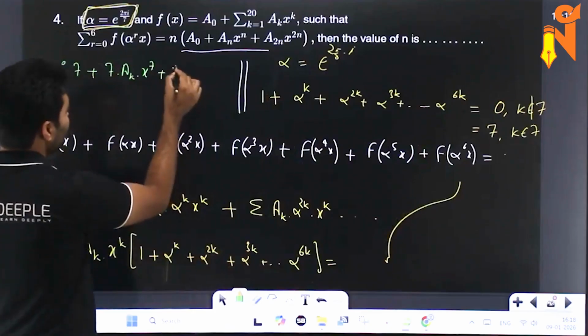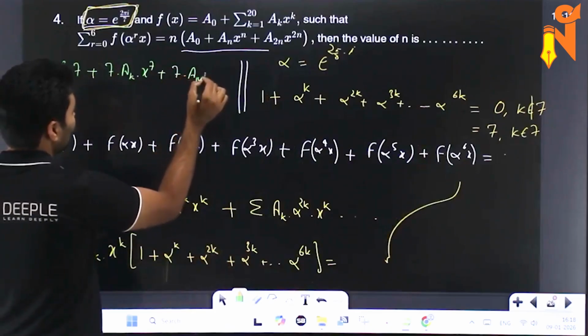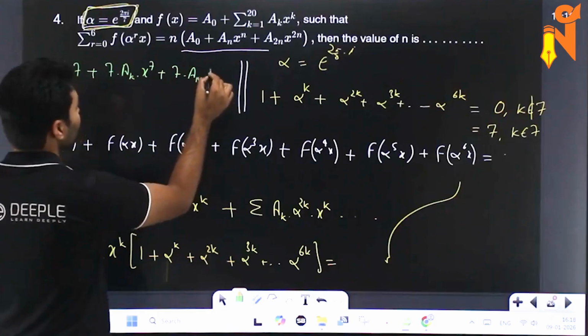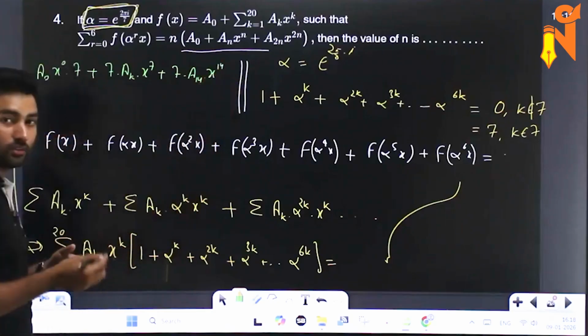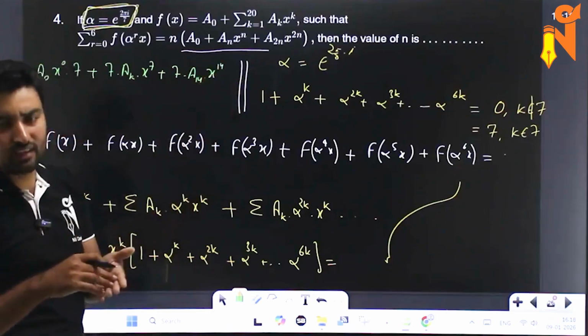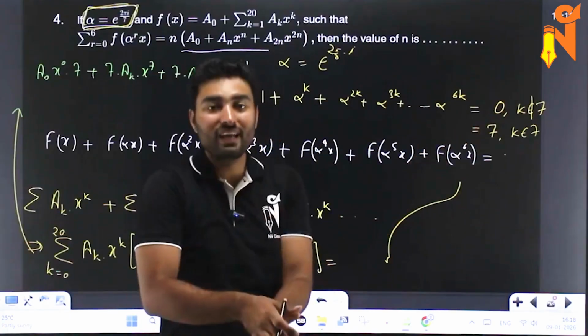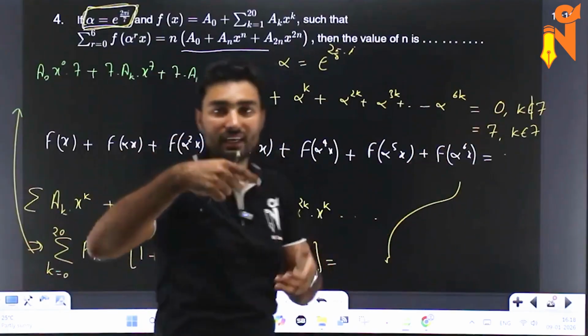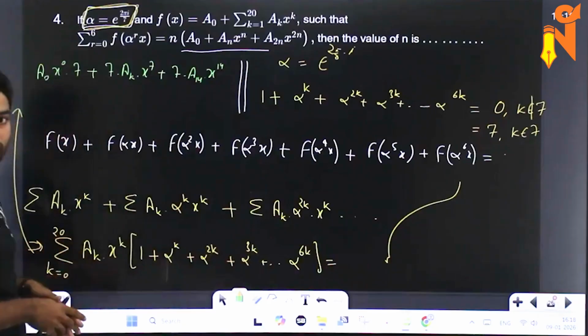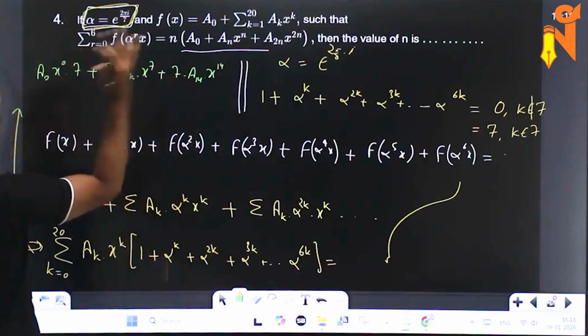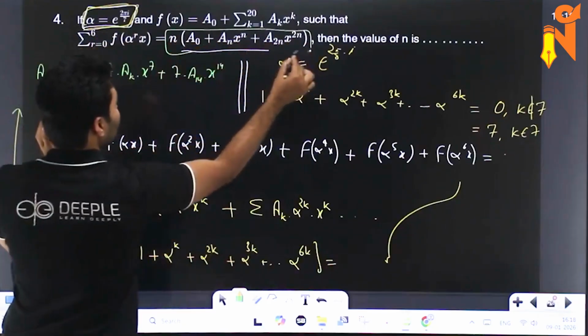So again 7 into a14 into x power 14. Now 15 to 20 are not multiples of 7, all 0. Then you will get 21, but k is not 21, so all 0. So this is equal to the given expression.